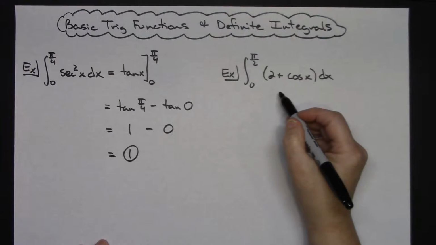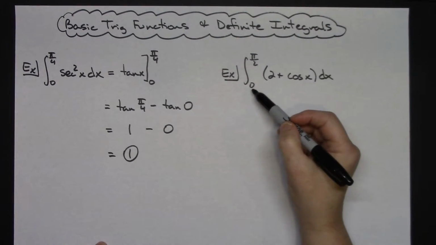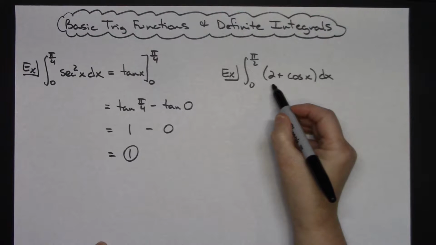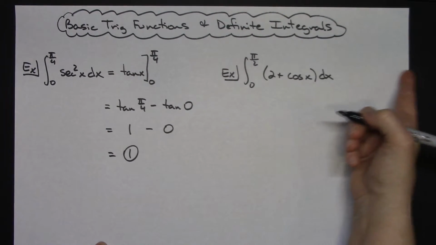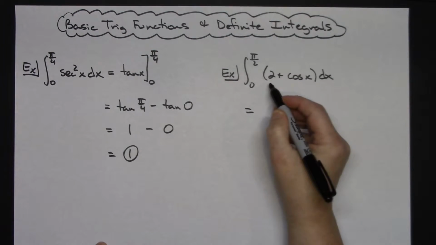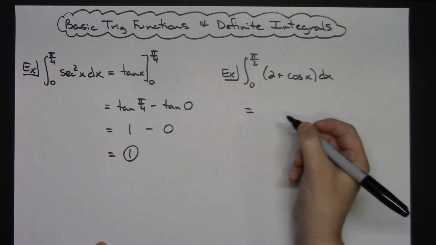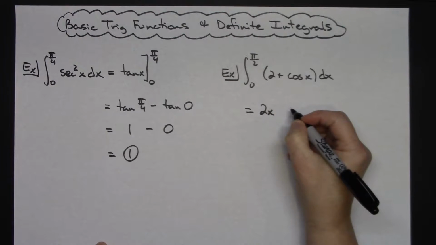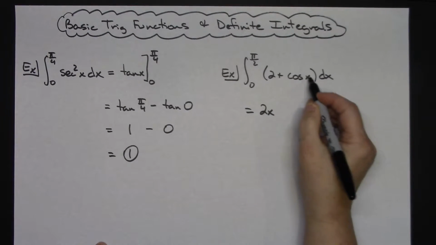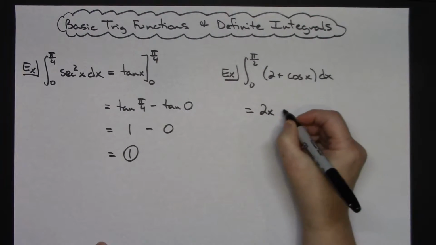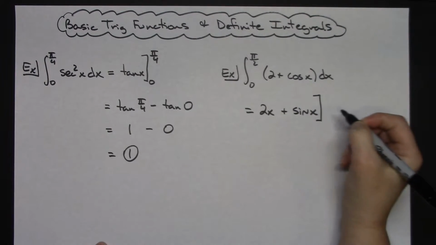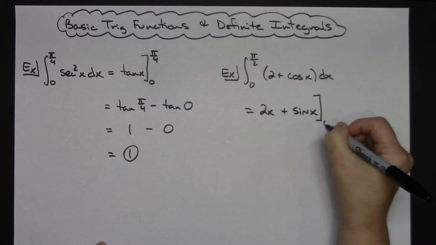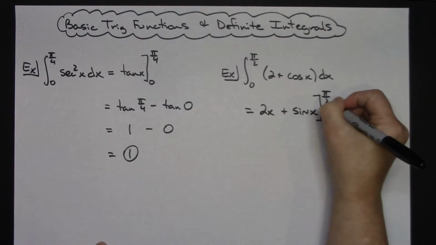On the second example, I'm going to be integrating from 0 to pi over 2 of 2 plus cosine x dx. I don't have enough room there, so let's come down here and do this. When I integrate 2, that's going to integrate to 2x. When I integrate cosine, hopefully again you have these memorized, that will be sine x. Then I will be evaluating this on the interval from 0 to pi over 2.